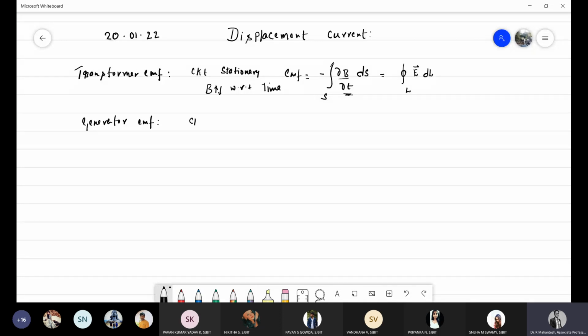So here the circuit or closed path is moving, but B is static, in a steady magnetic field.